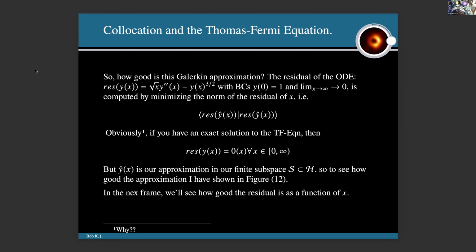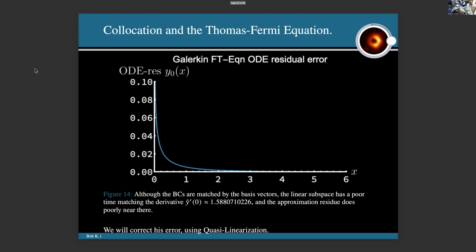And we want to take that residual over the integral, either 0 to 100 or 0 to infinity, and then figure out what the coefficients were. And I did that first step. But how good is that residual for the ordinary differential equation? So if you take a look, you see that from about x equals 2 on, it's pretty good.